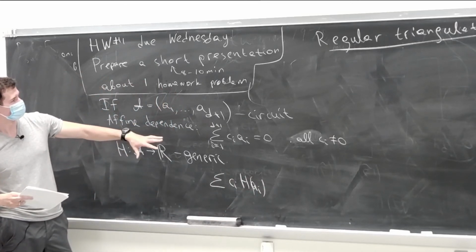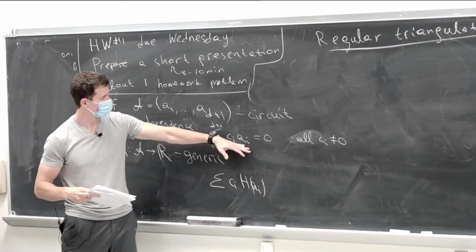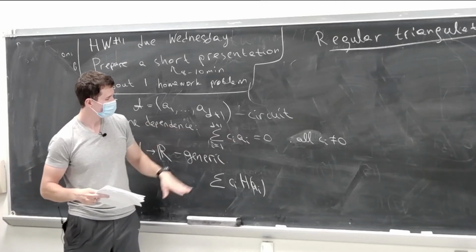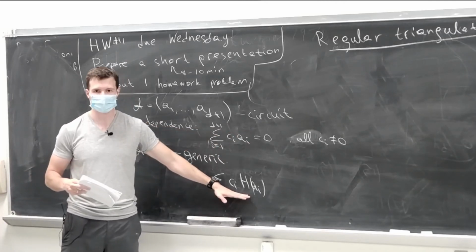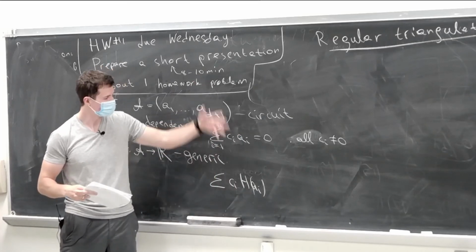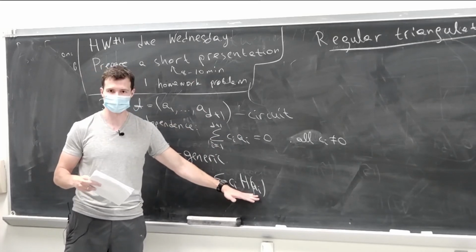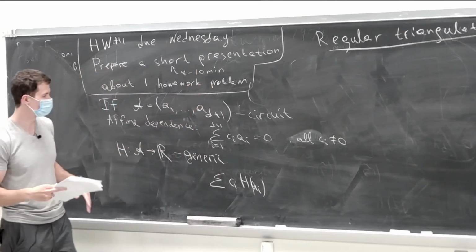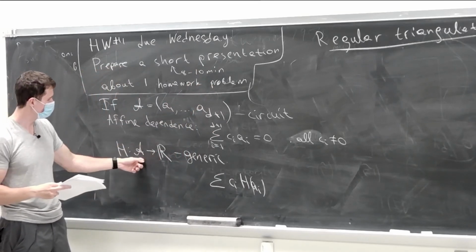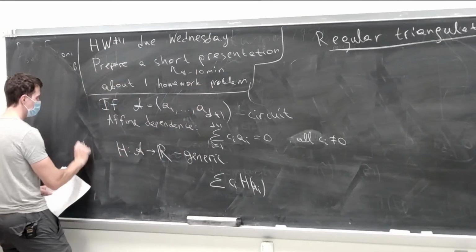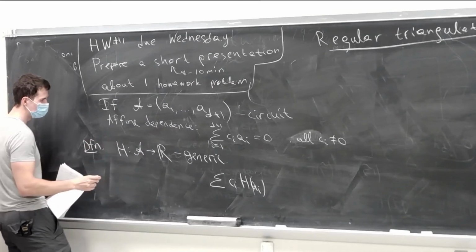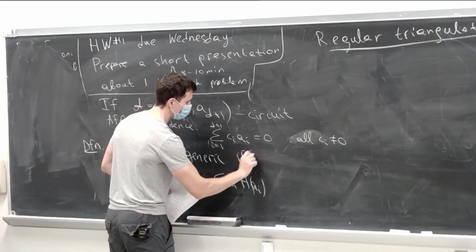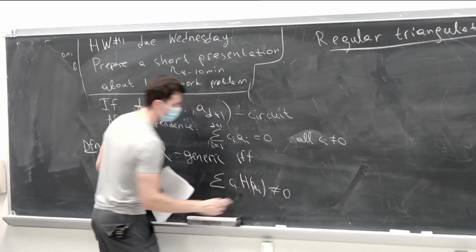So this is a unique affine dependence between these points Ai. I want to lift these points to higher dimensions and see what happens to the last coordinate, the resulting tilde points. And h is generic if and only if this is not equal to 0.